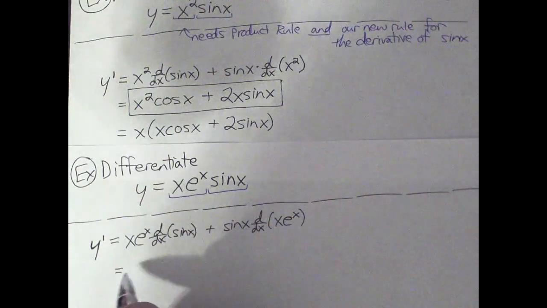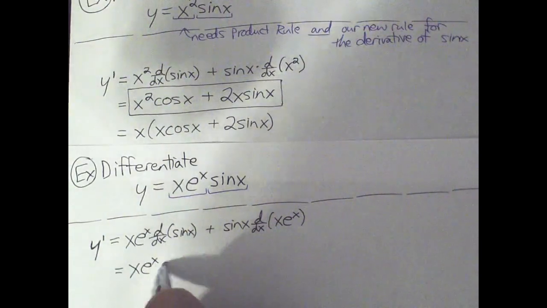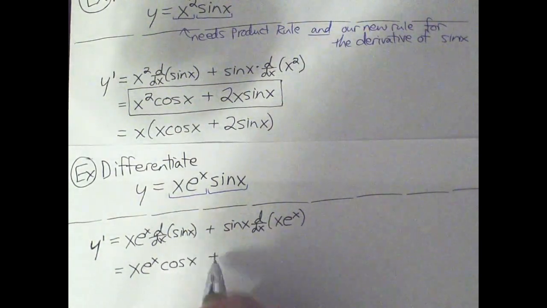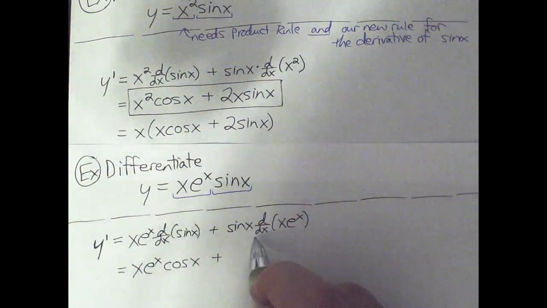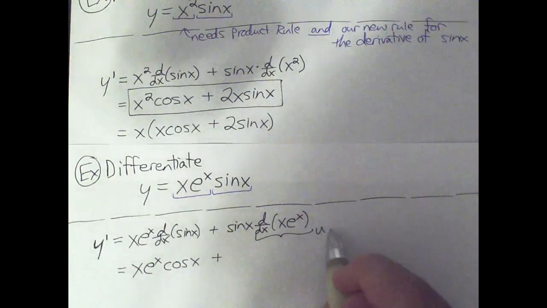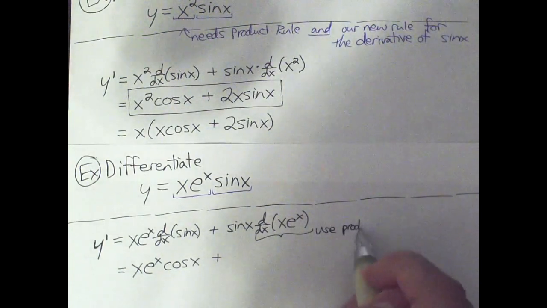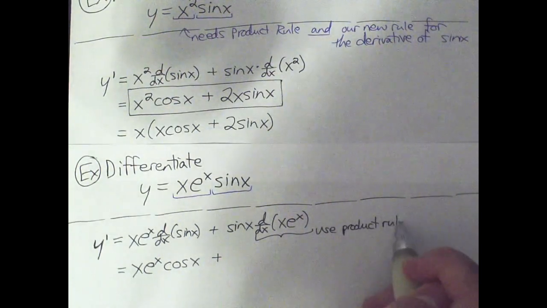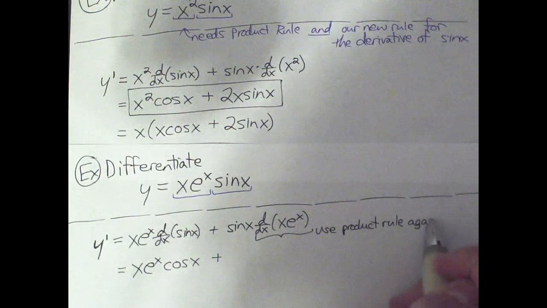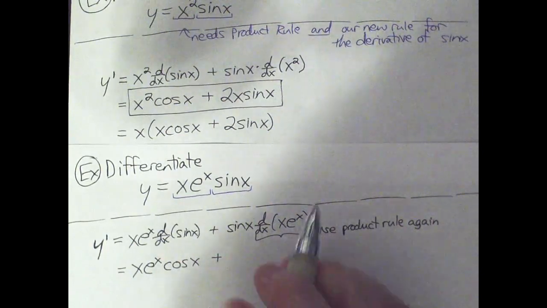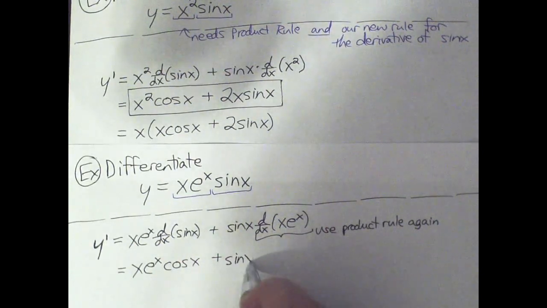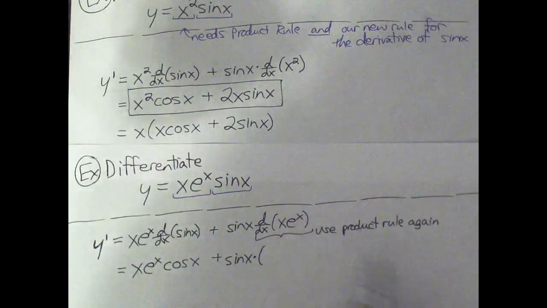And let's keep going. So x e to the x cosine x is that part. Oh, look at this. We have to use the product rule again. It's okay, we can do that. So sine x times, what's the product rule on this?